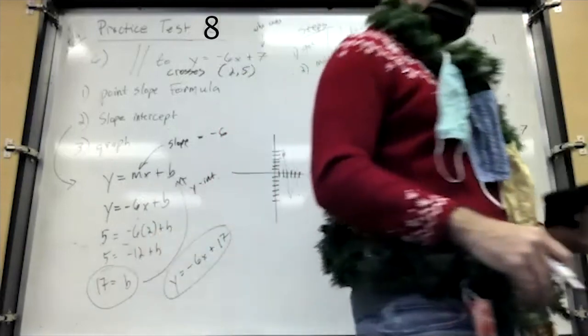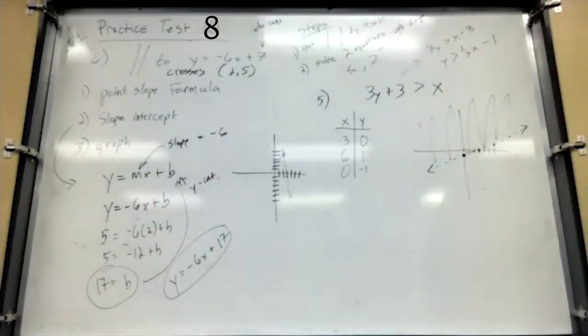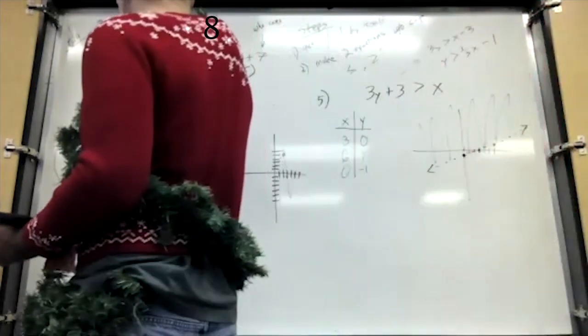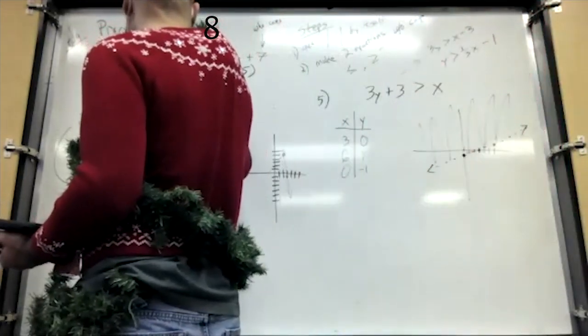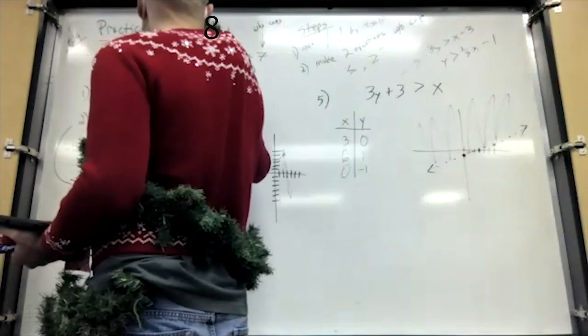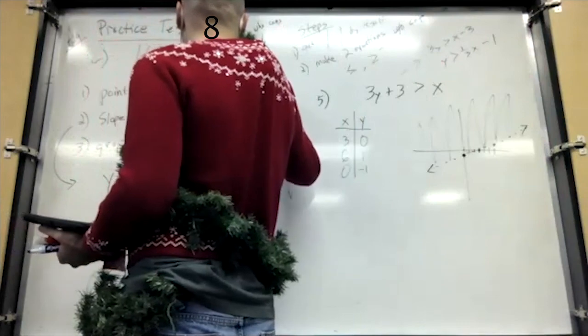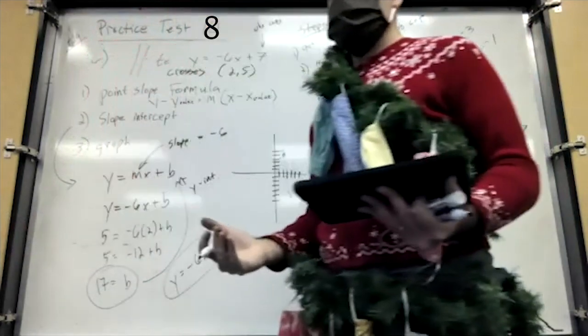That's the answer. The point slope formula is a different way to do it. Here's the point slope formula. Y minus y value equals slope times x minus x value. I don't like that. Okay, but look what happens.